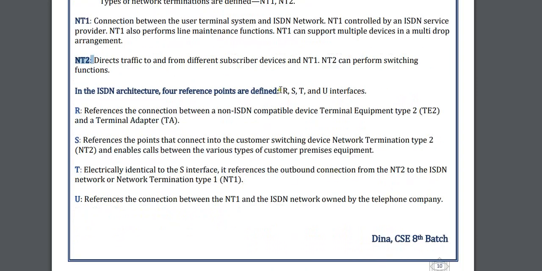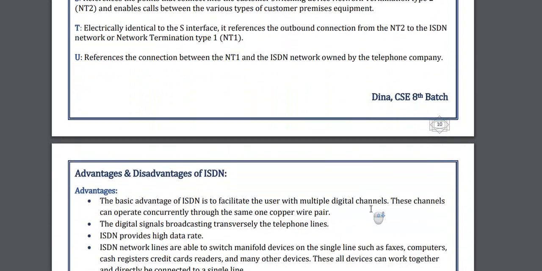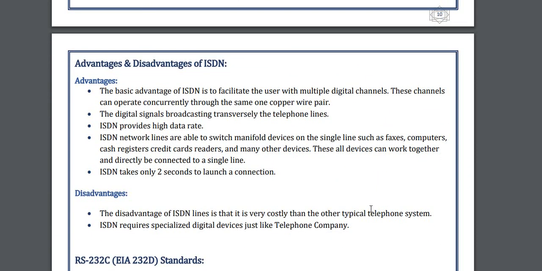The other R, S, T, U interfaces are given here. The advantages and disadvantages of ISDN are given here. You can have a snap of this. These advantages and disadvantages are important from your exam point of view.